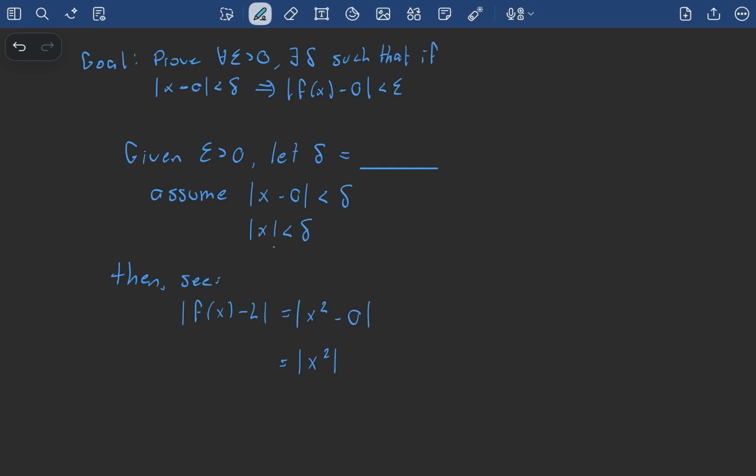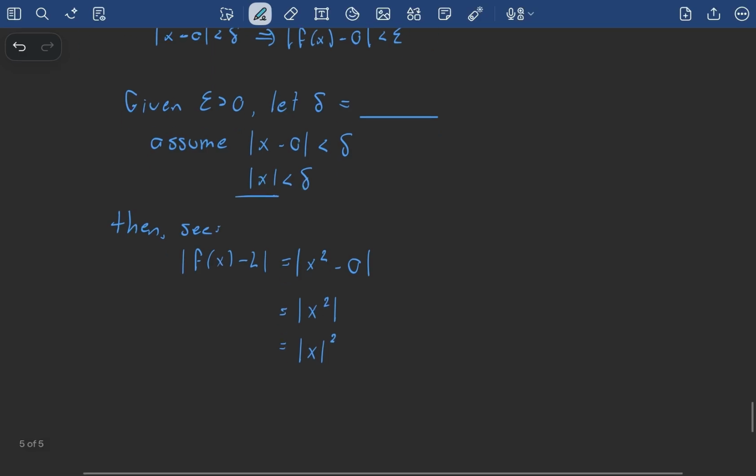We want to get the absolute value of x somewhere in here, because then we can compare it with delta. And I know that by properties of the absolute value, the absolute value of x squared is just the same as the absolute value of x all squared. And now, since I know that the absolute value of x is less than delta, I can say that the absolute value of x all squared is less than delta squared.